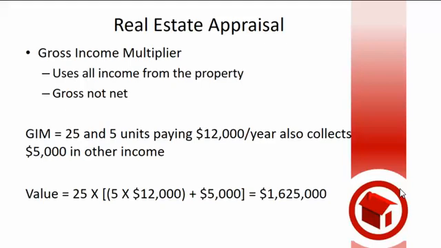So be careful what they're asking for. Gross rent multiplier or gross income multiplier? It's $12,000 a unit times 5 units, that's 60 grand. But it also had 5,000 of other income, so you add that income. So I get the total gross income: 60,000 in rent, 5,000 in other stuff, late fees, parking pass, pool pass, makes a total income of 65 grand.